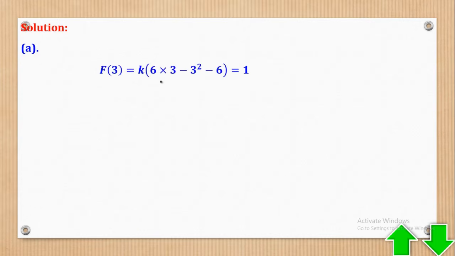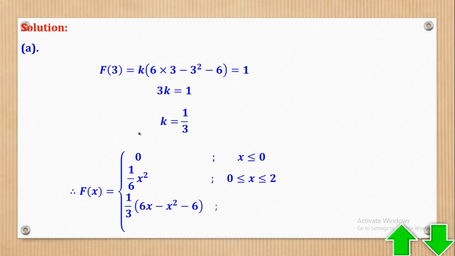When I use 3, I substitute in the second, and the third one was 1. So I have only one unknown, which is k, and when I simplify, I come up with 3k equal to 1, therefore k is equal to 1/3.